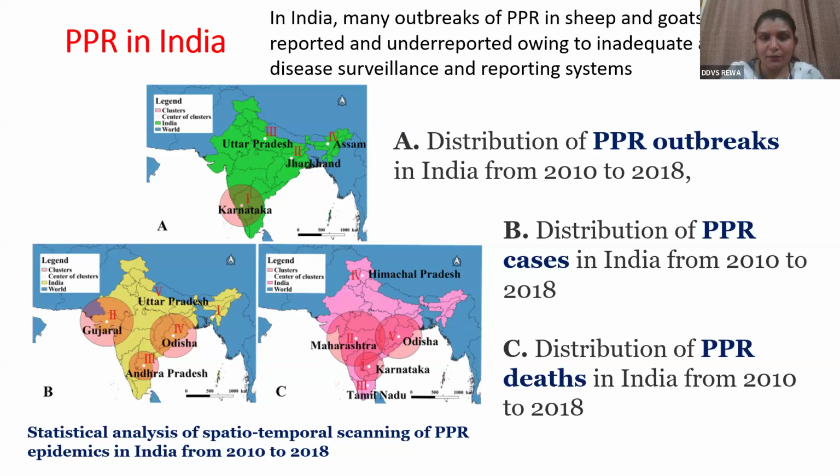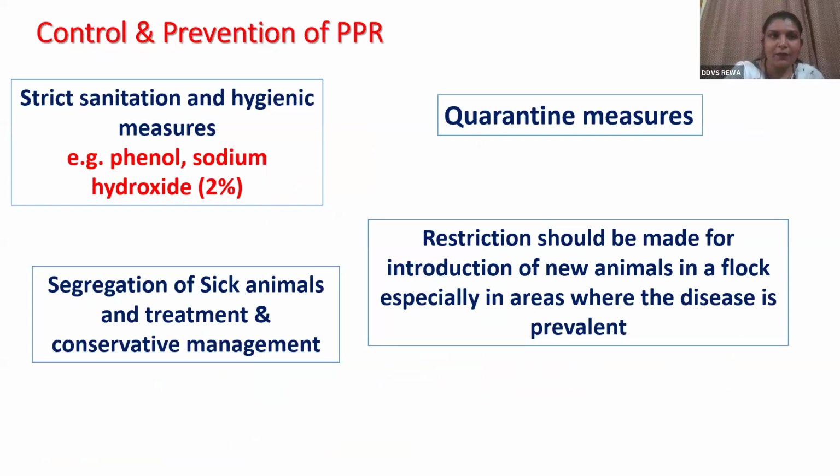In the first image, we can see that for the distribution of PPR outbreaks, the first rank is Karnataka, while for the PPR cases distribution, the first rank is the northeastern states, and then in the distribution of PPR deaths, again Karnataka is the first one. So there might be some reason behind this difference in the distribution of these data. So how can we prevent it?